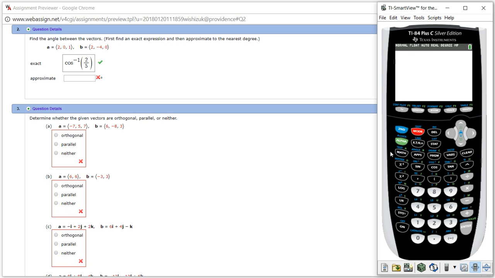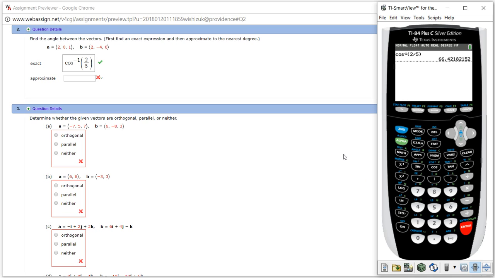Then we want to find arc cosine, so second cosine gives us the arc cosine, and then you have a 2 divided by 5 in the parentheses, and hit enter.